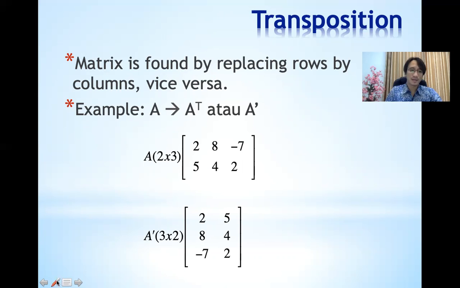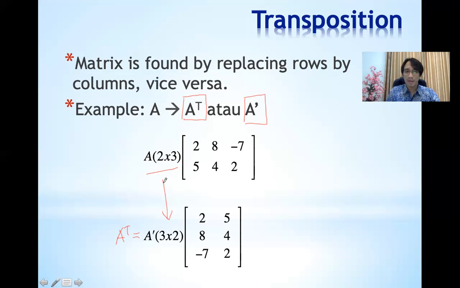An example, if we have A 2 times 3, then the A transpose, we can write as A powered by T, or A transpose. Or we can also use the sign A accent. It means A transpose too.